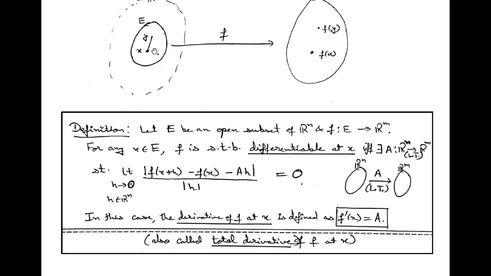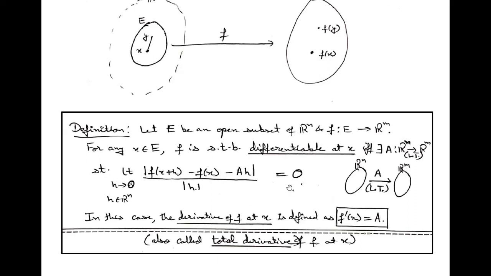If I have some new point x star, and f is differentiable at x star, then there exists a new linear transformation, say A star, again from Rn to Rm, the same domain and codomain, such that this condition is satisfied at x star with A star, and we say the derivative of f at x star is A star.